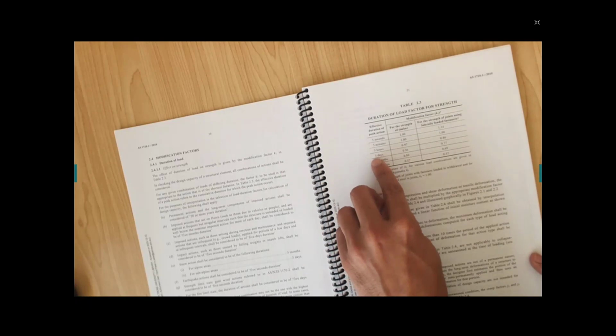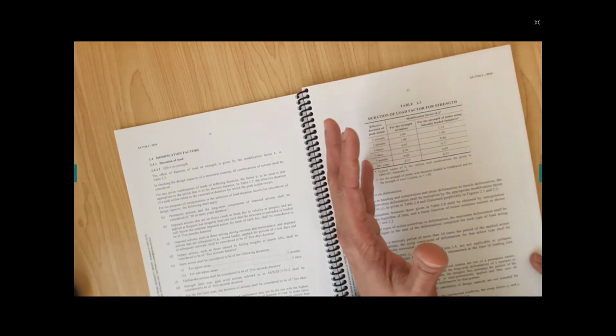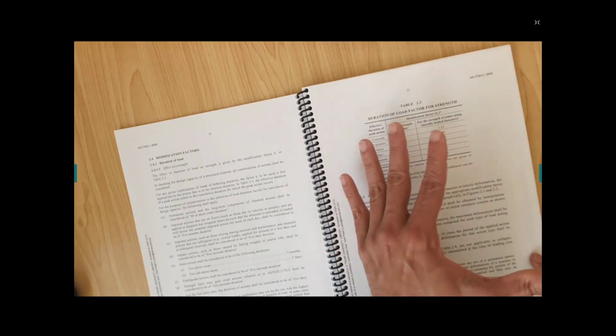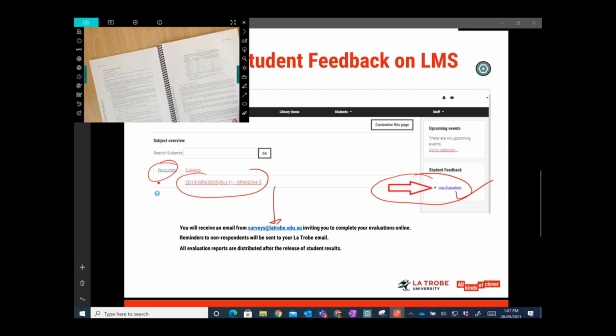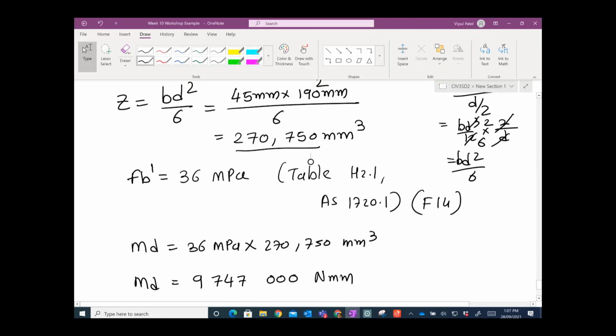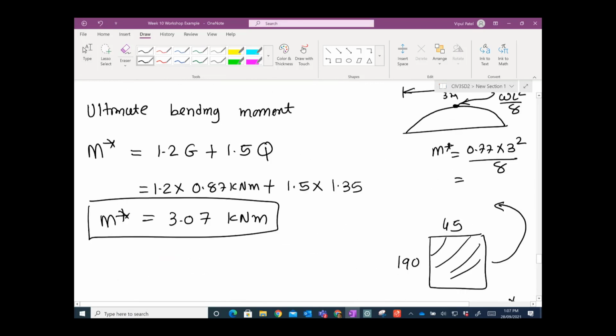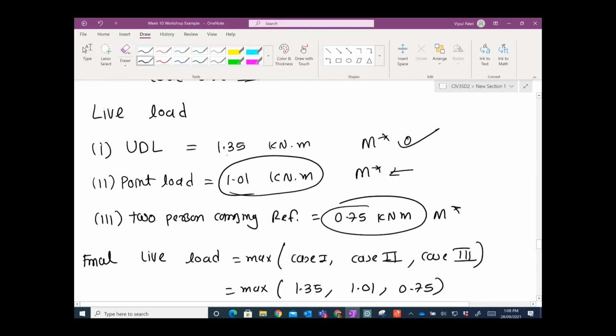Meaning that in the given conditions, one example I give you: in the ultimate conditions, we assume that the live load is 2 kilopascals. What was our ultimate load? Let me explain in that situation. Our critical factor is 1.35, which is 2 kilopascals, right?